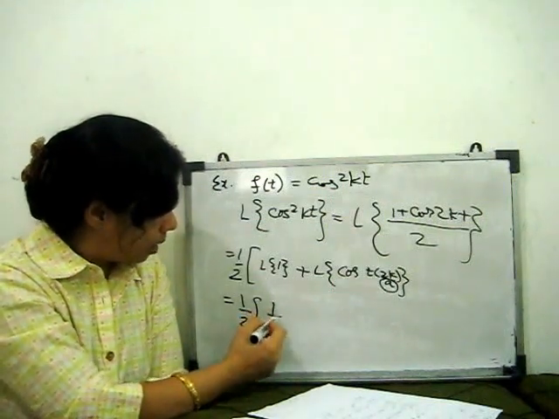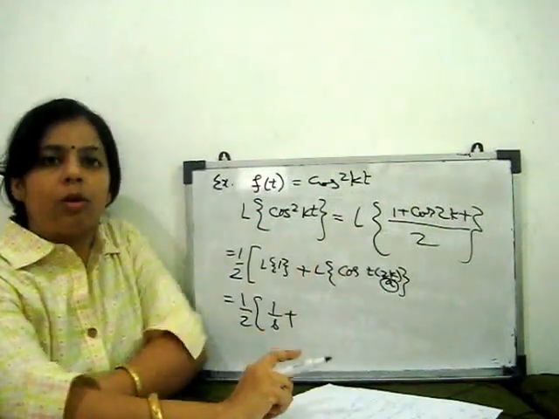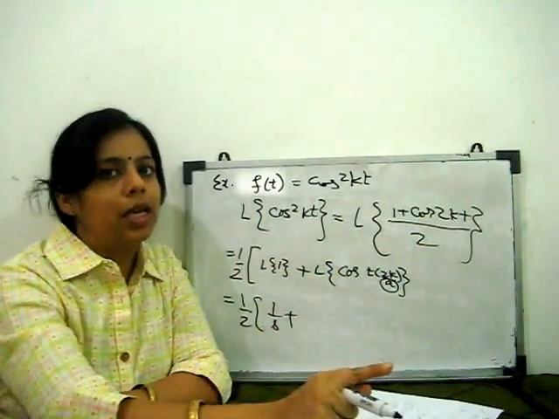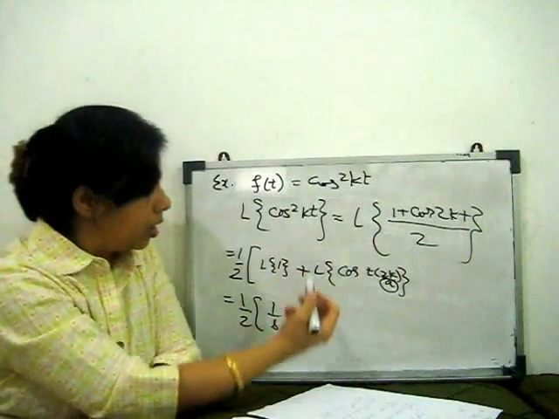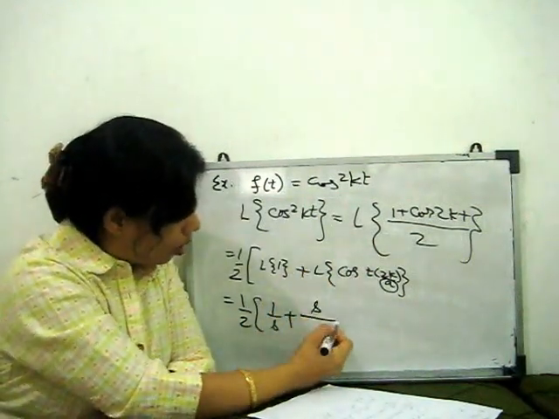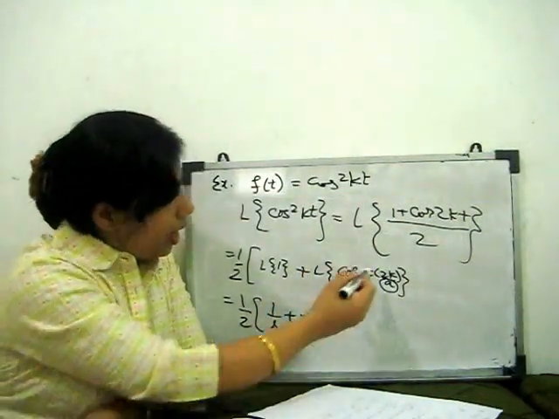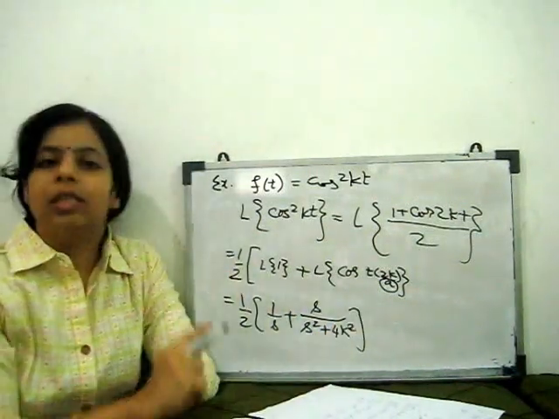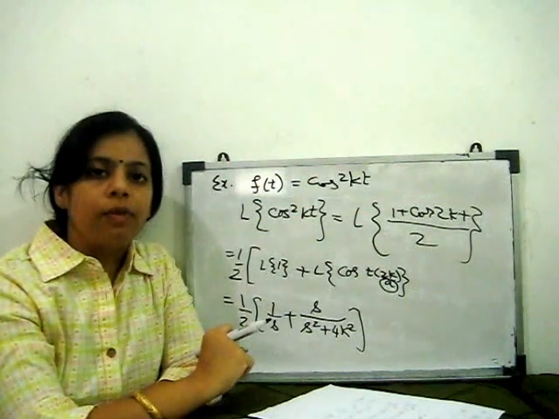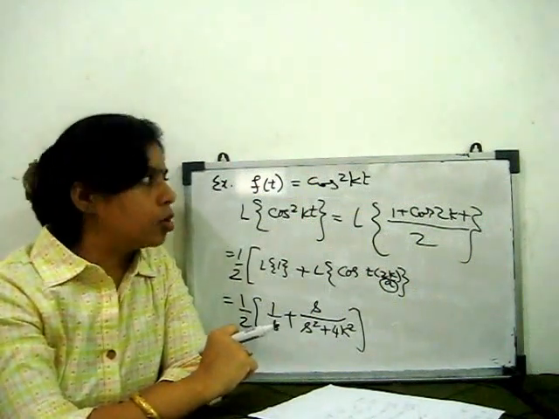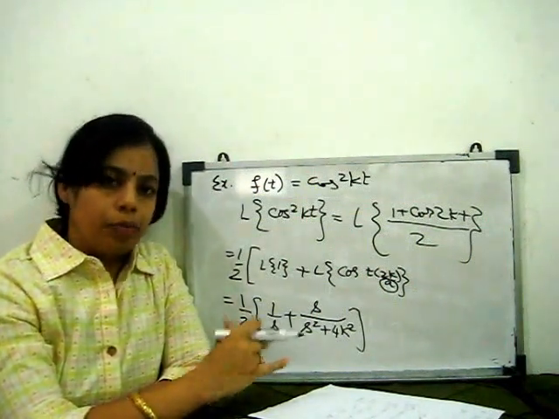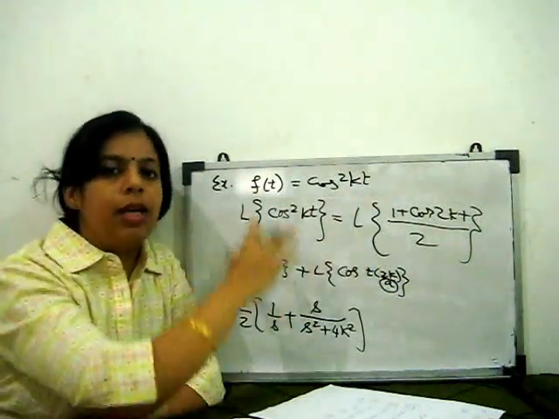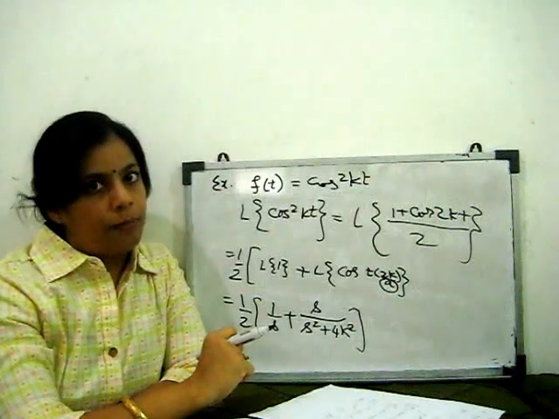So this is 1 by s plus the Laplace transform of cos at, which is s upon s square plus a square, as in my previous video. So s upon s square plus (2k) square, that is 4k square. This is the required solution. Similarly we can find sin square kt: first you remove the square and then you apply the transform.